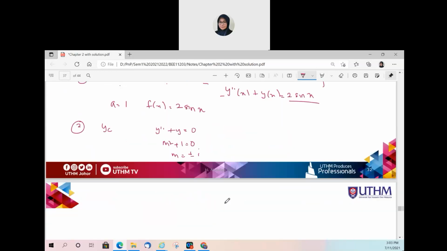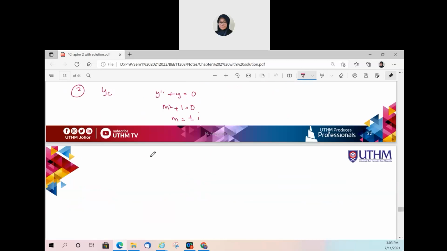Then your yc is, this is case number 1, number 2 or number 3? Number 3. Then your yc will be, same as the example before, A cos x plus B sin x. Right?